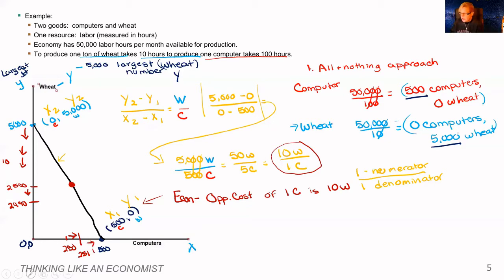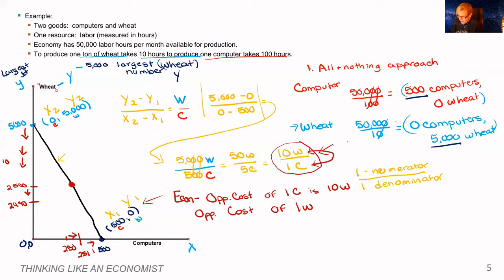Now this is only half of the answer. So we got it half right. I also want to know what is the opportunity cost of 1 ton of wheat. And here what I do is come back to the original and take the reciprocal, and the reciprocal just means to flip it.